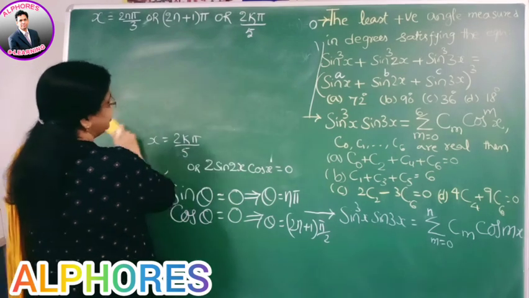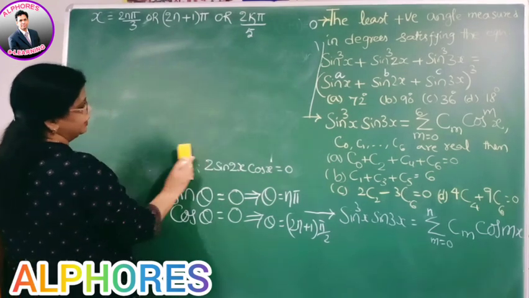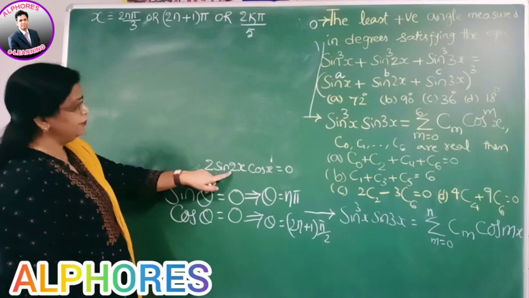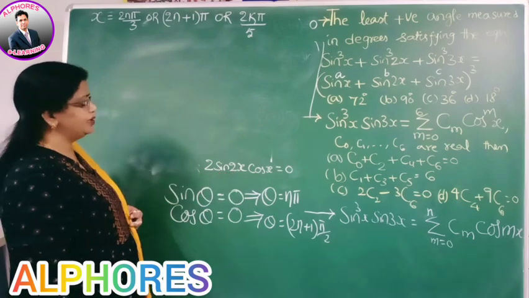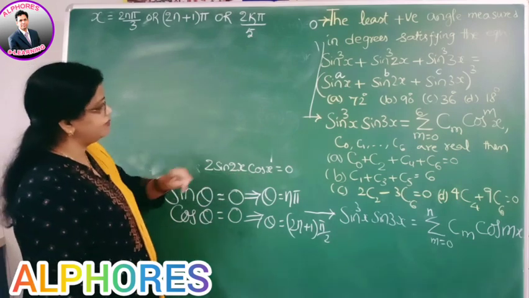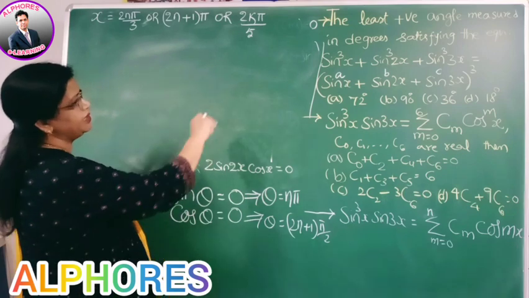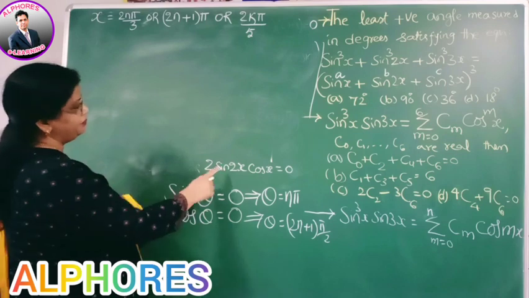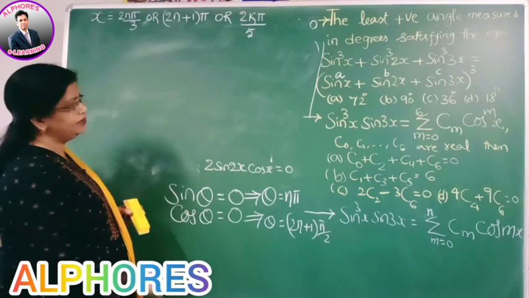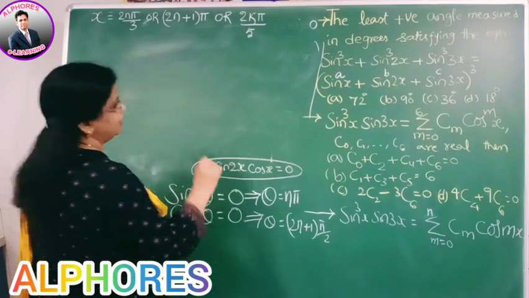Now students, let us observe the last bracket. What is our last bracket actually? sin 2x into cos x. This value we actually got by using our formula, that is sin 3x plus sin x is 0. From that you got this equation. This is from our last bracket.